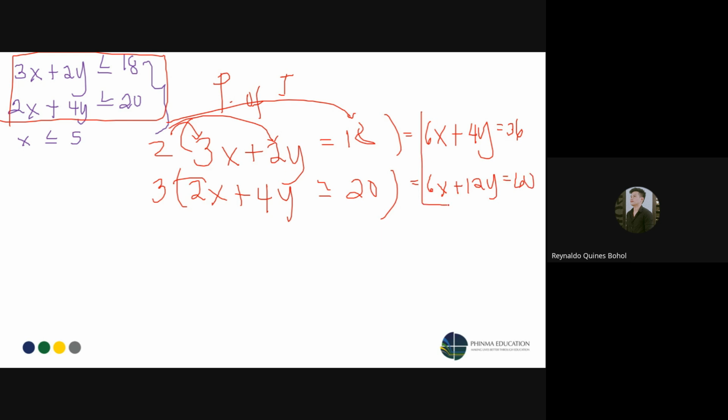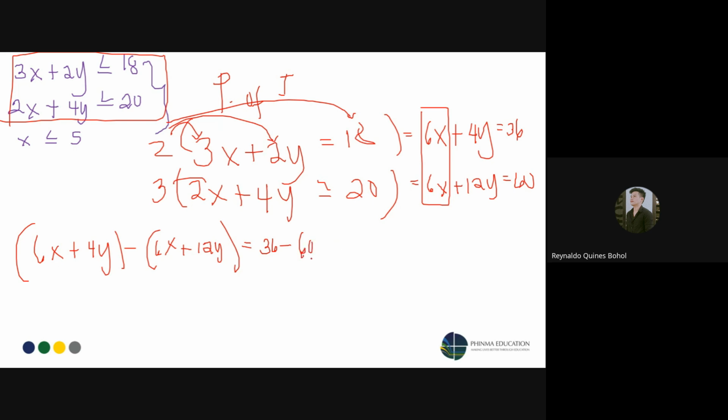Kasi nag-equal na po si 6x and 6x. Kaya kapag nag-equal na sila, sasabihin niya minus para mag-cancel, di ba? So, gagawin natin dyan, 6x plus 4y minus 6x plus 12y equals 36 minus 60.